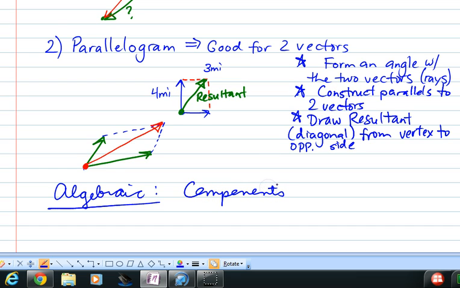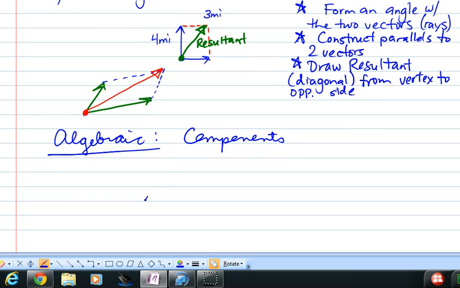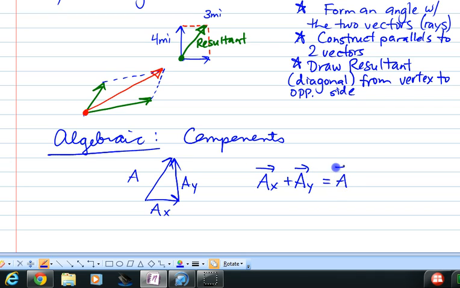So we talked about doing components earlier, where a vector A has a component AX and AY. And now it should make sense to you why I've drawn the arrows as I did. Because if I take vector AX and I add vector AY to it, I'm going to get vector A. This is a very different way of writing addition.